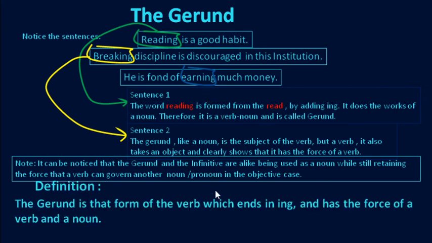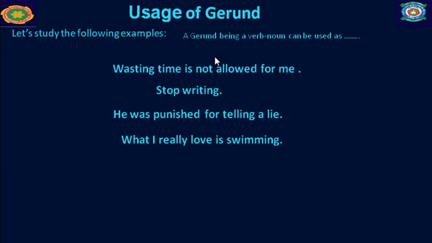So here is a definition for you. The gerund is that form of verb which ends in ing and has the force of a verb and a noun. I have already told you that a gerund acts as a noun as well as a verb. So here are the basic uses of gerund, starting with ing.